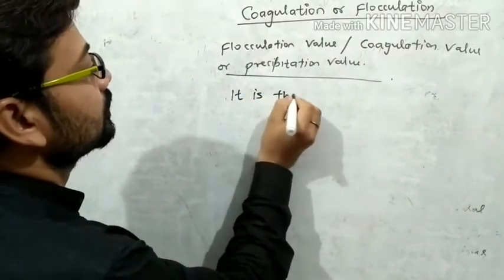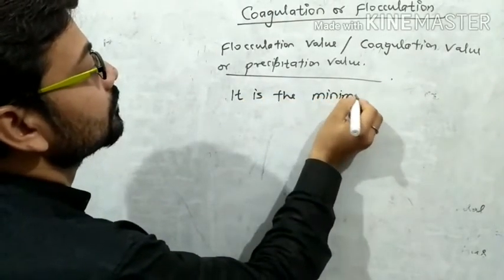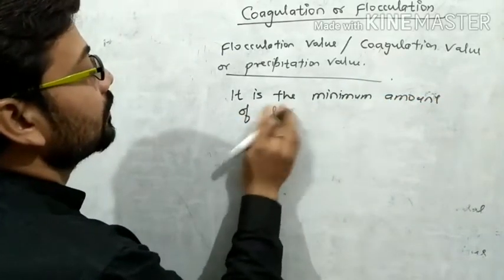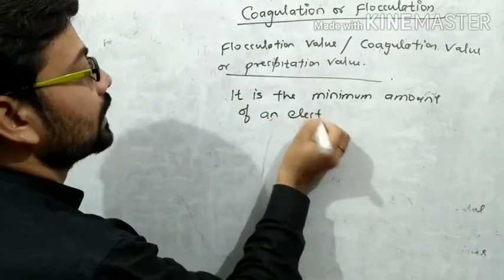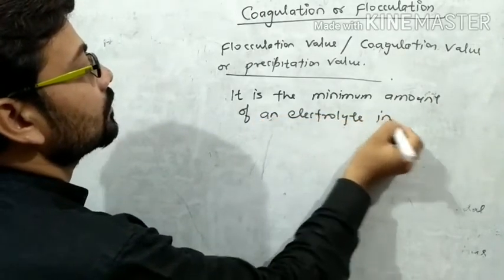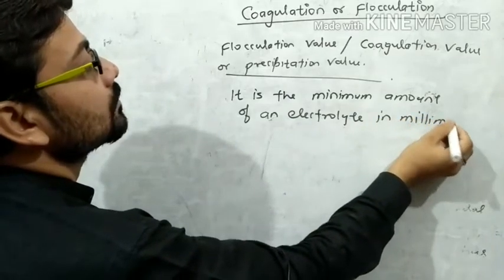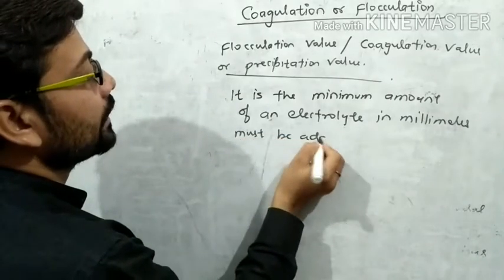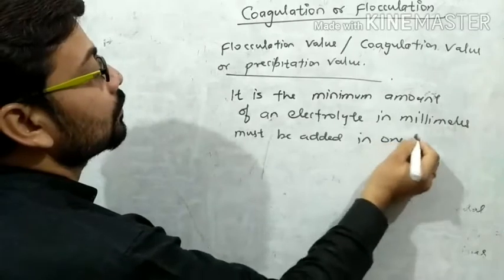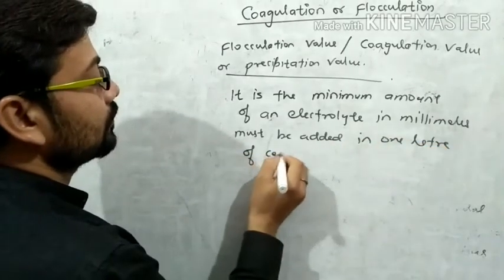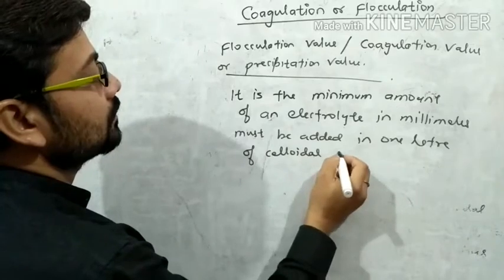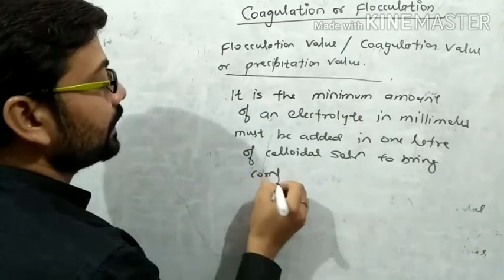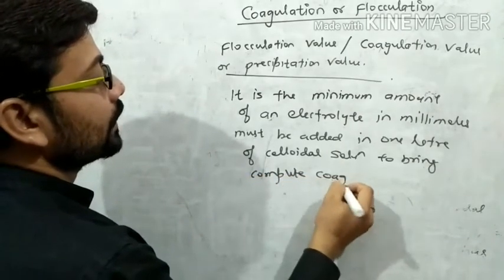It is the minimum amount of an electrolyte, in millimoles, that must be added to 1 liter of colloidal solution to bring complete coagulation.